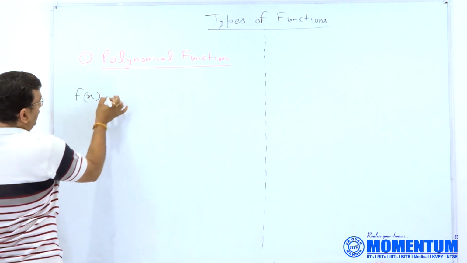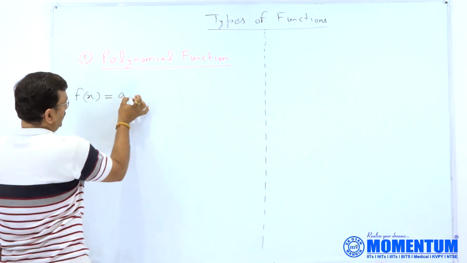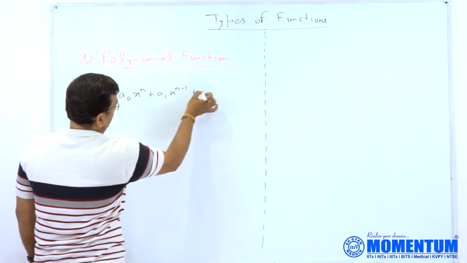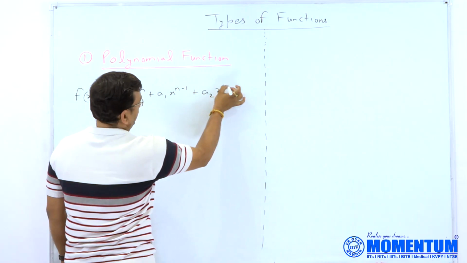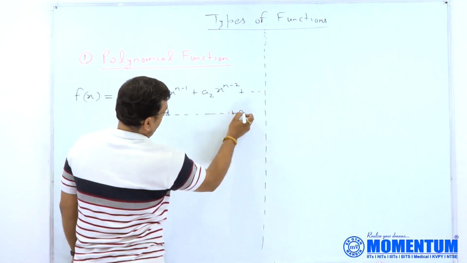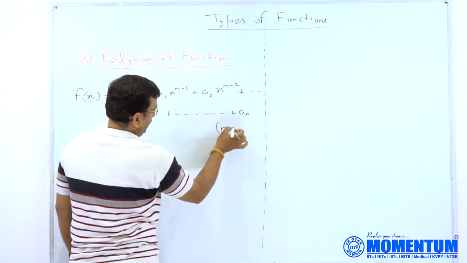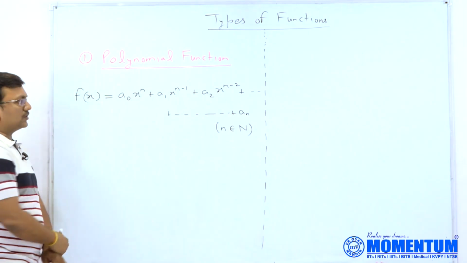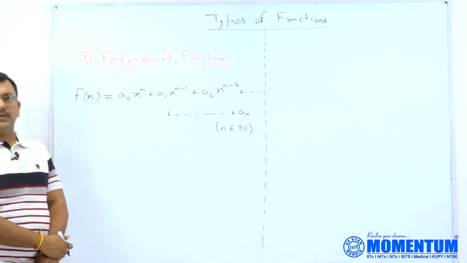A function f of x of the form a naught x to the power n, a1 x to the power n minus 1, a2 x to the power n minus 2, in this way up to n, where n belongs to natural number. This is called polynomial function.